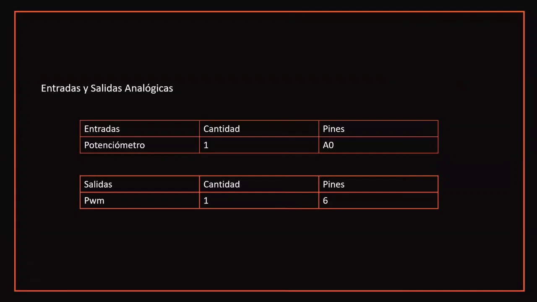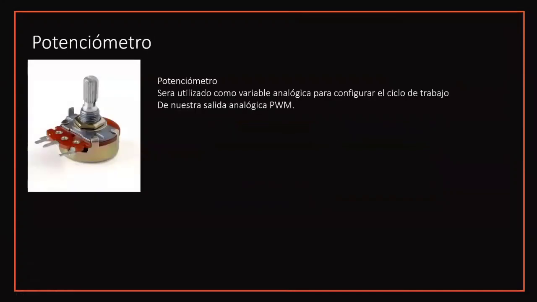The pot can give values from 0 to 1023. With this, I make modulation with the output of the PWM.